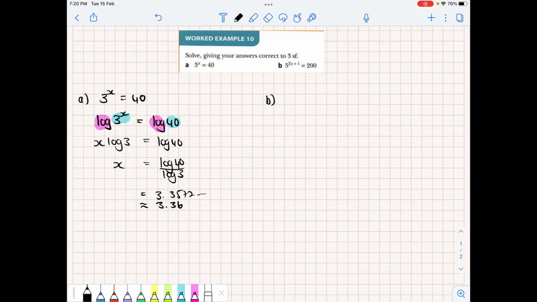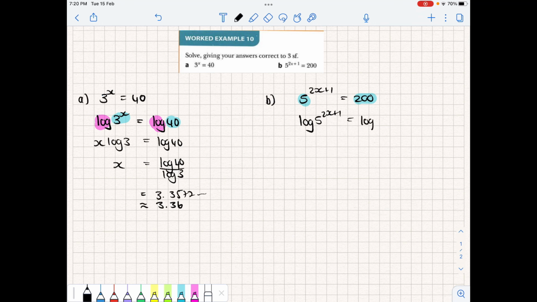In the next example, we're going to do the same procedure. So we have 5 to the power of 2x plus 1 equal to 200. Again, the bases are 5 and 200, and we'd like to convert 200 into base 5, but we can't. So we're going to log both sides. Again, we can choose any base, but for simplicity, we'll just use base 10.